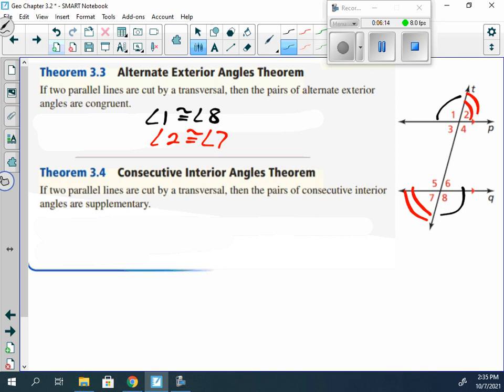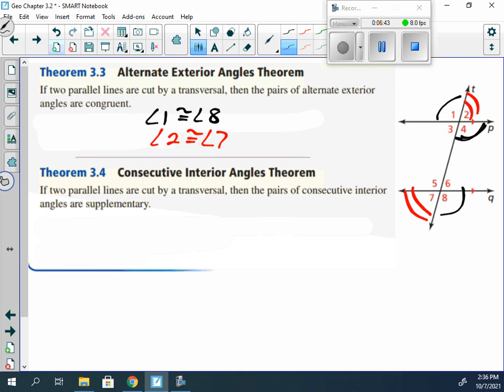And the last one is the consecutive interior angle theorem: if two parallel lines are cut by a transversal, then the pair of consecutive interior angles are supplementary. They're going to add up to be 180. Well, if we look at this here, 1 and 4 would be congruent.